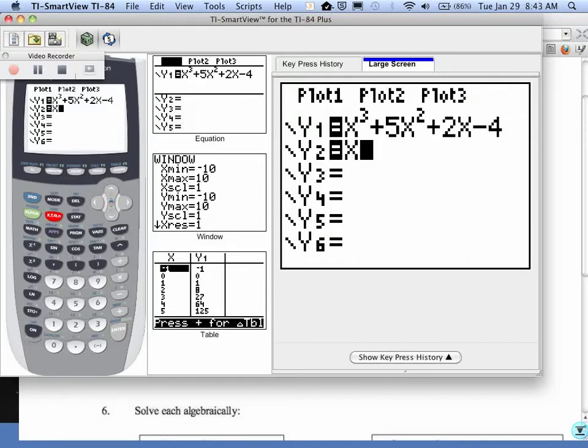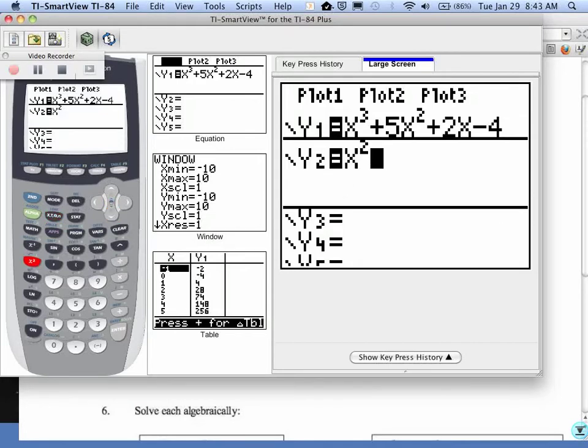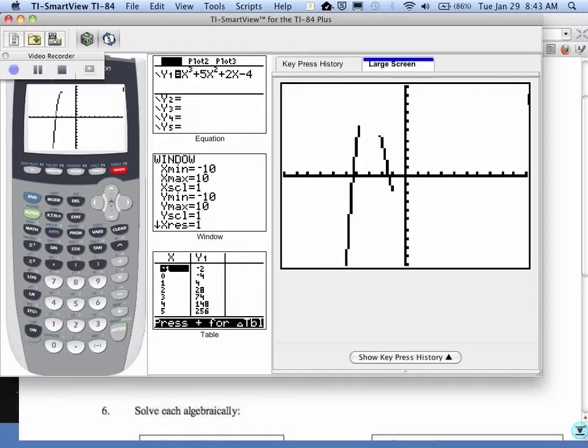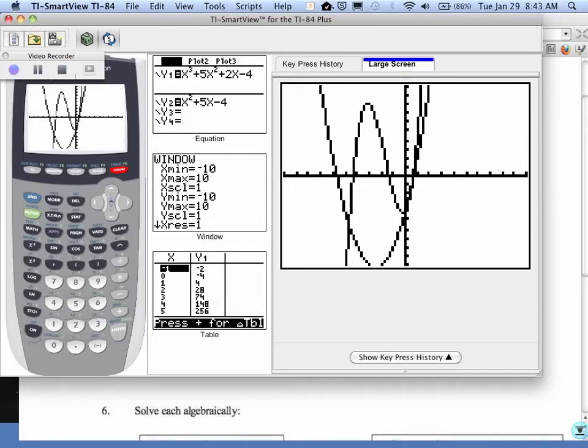you graph it. We're dealing with the cubic, which is S-shaped. You saw that come in here. And then we also have the quadratic, which is the U-shaped graph. What's happening is right here, there's a whole mess of stuff.